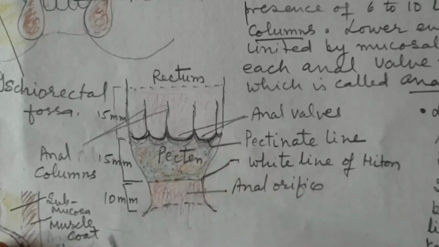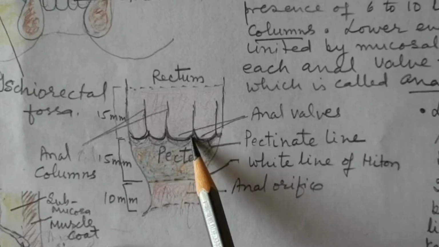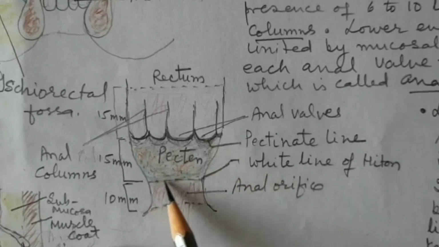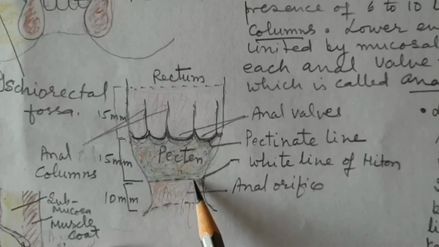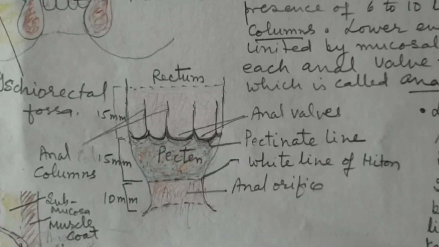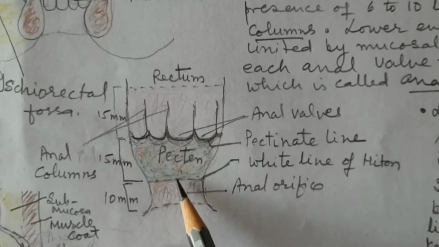It extends from the pectinate line to another line here, called the white line of Hilton. A line will be seen which is whitish in appearance, that's why it is called the white line of Hilton. So this is the pectinate line and this is the white line of Hilton.